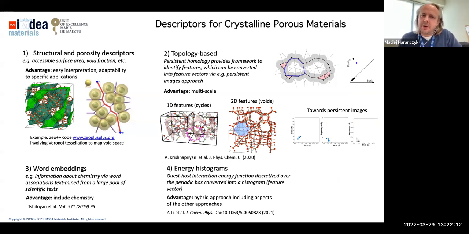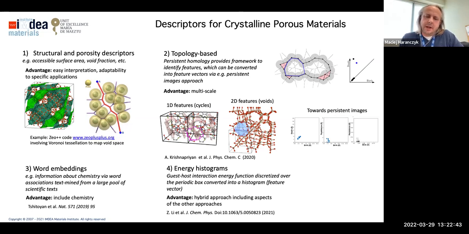We have structure and porosity descriptors, which I will show in another slide how they're calculated, but basically those are easy to interpret, and we can choose the right ones for specific applications. We also have topology-based descriptors, which are multi-scale in the sense that they can capture features like cycles present in a structure, or voids at different scales, both small and large, in one descriptor.